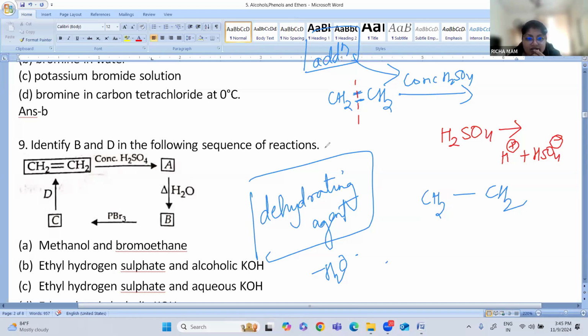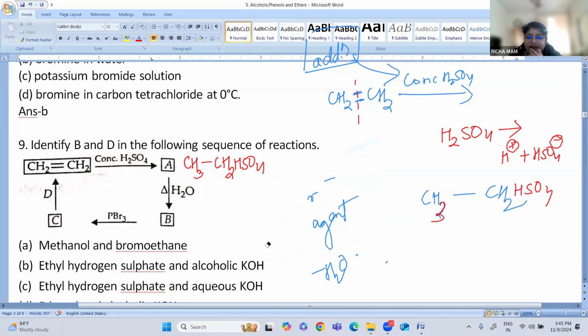So when it undergoes addition reaction, anywhere one hydrogen is added, and anywhere HSO4 is added. So I am going to add hydrogen here, so it will be CH3, and here I get HSO4, so CH2HSO4. So I write A as CH3CH2HSO4.